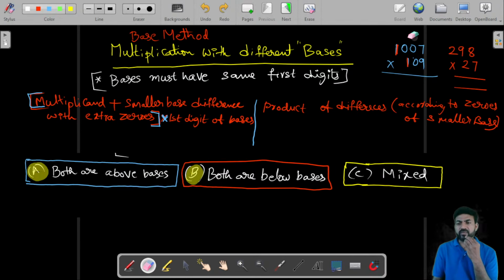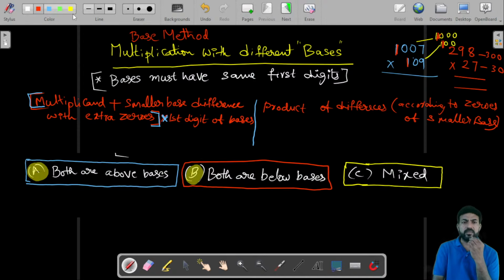If you have to take a base, you have to take the base for this number. Base for this number is 1000. Base for this number is 100. Check, the bases' first digit must be the same. Here 300 has to be the base, here 30 has to be the base.